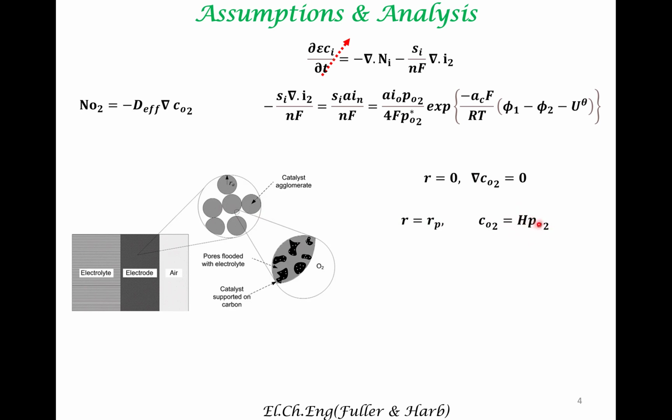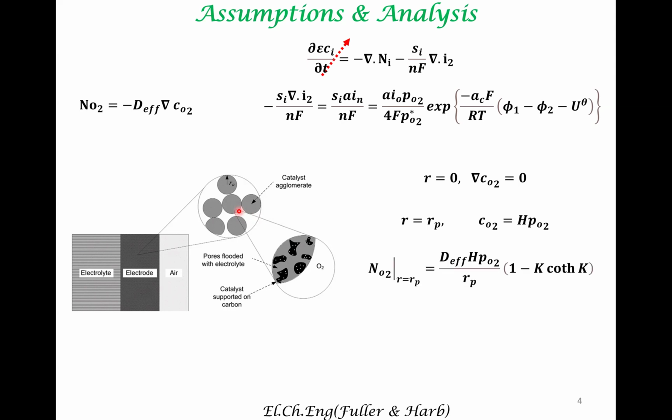This is the pressure of O2 outside the particle. This pressure can vary across this region, but each particle sees a particular partial pressure which determines the concentration of O2 at the surface inside the particle.